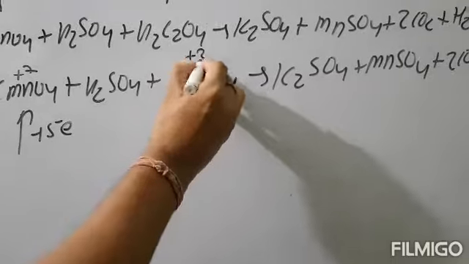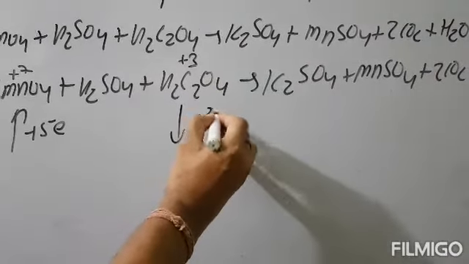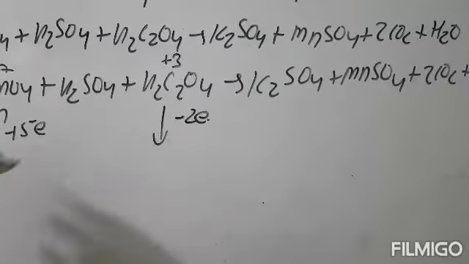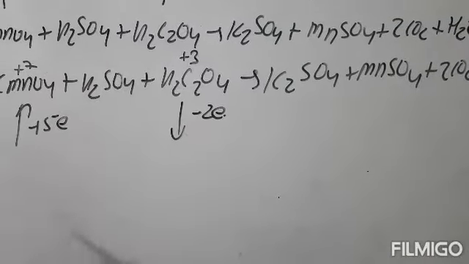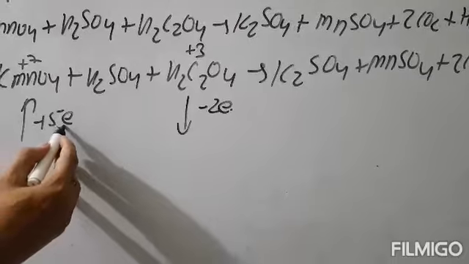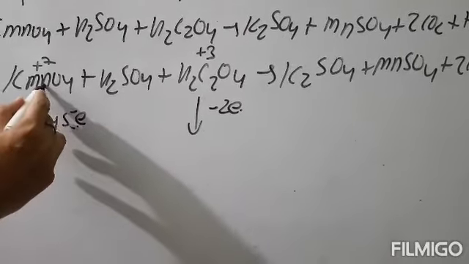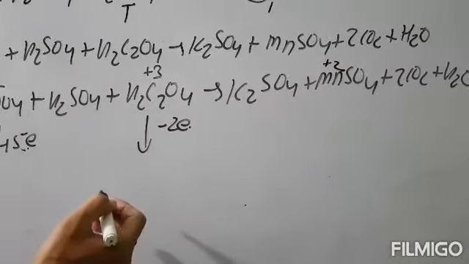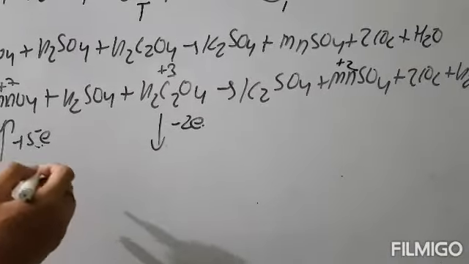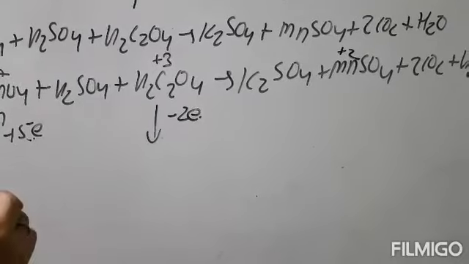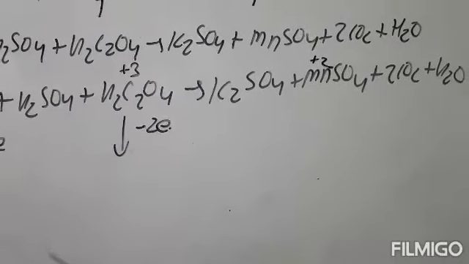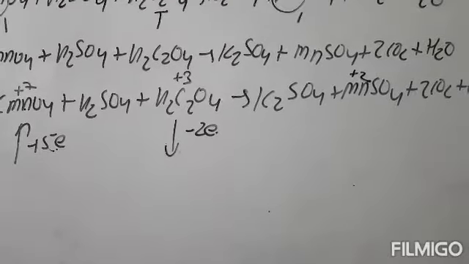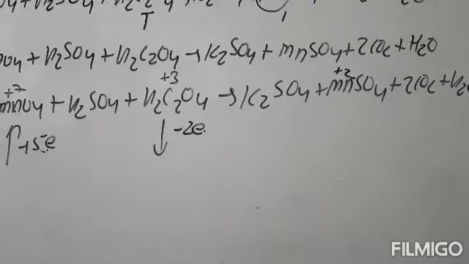Here it is +3, so minus 2 electrons. Manganese takes 5 electrons to change from Mn+7 to Mn+2. One atom of carbon loses one electron to change from C+3 to C+4, so two atoms of carbon lose two electrons.